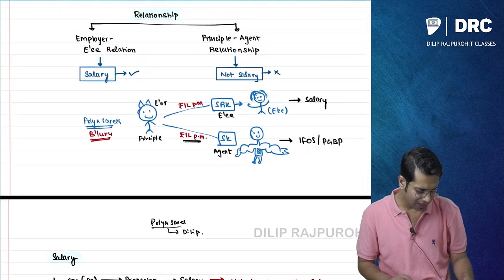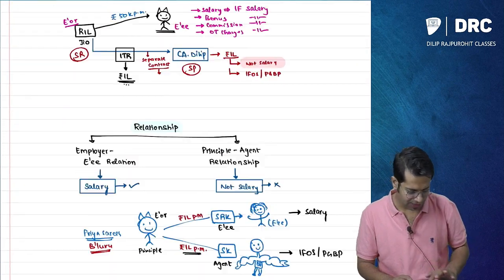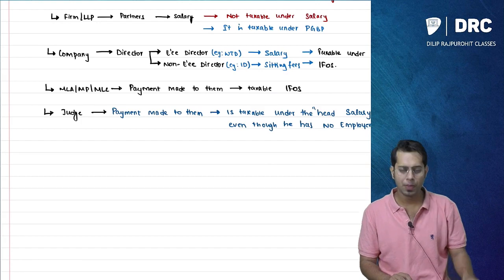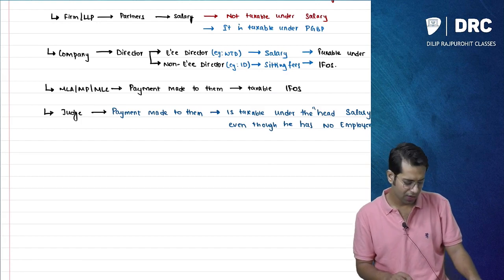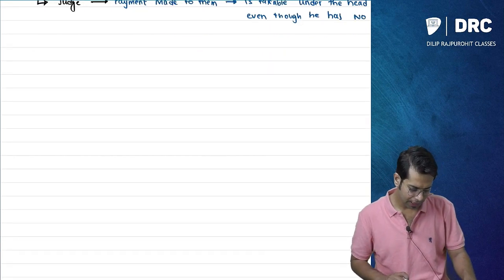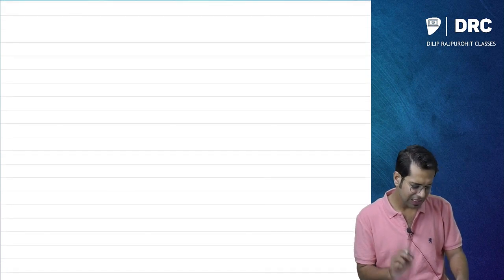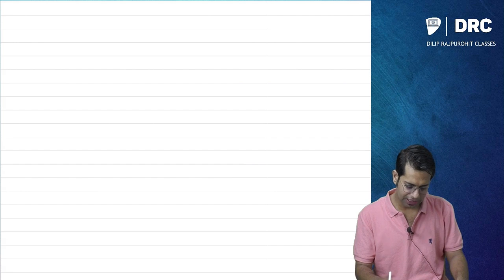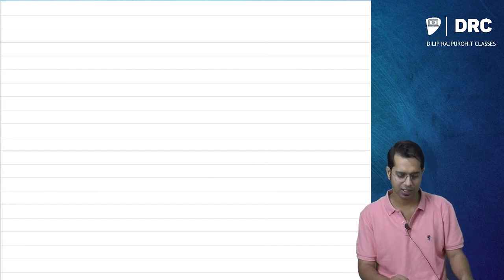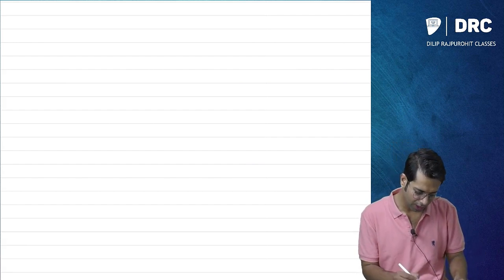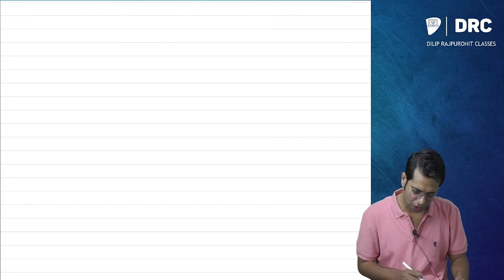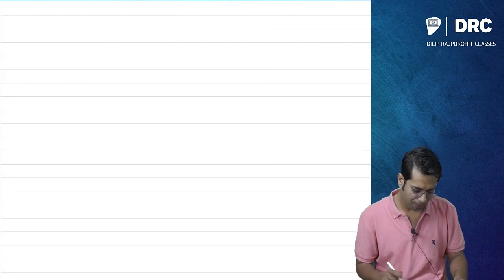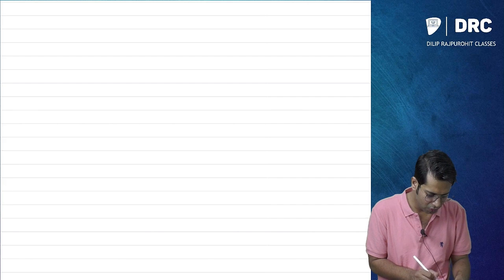Now, we have understood that there should be a relationship, and we have understood what will happen to the payments made in different situations. Now let us understand one more important term before going to the actual discussion on the charging section. This point is with respect to the terms used here.